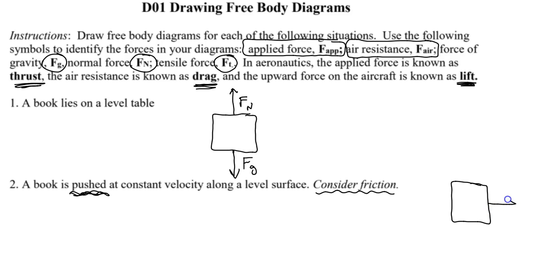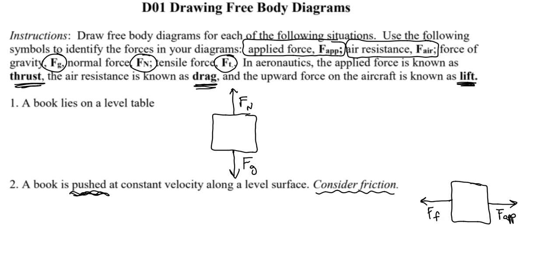So I'm pushing the object. So that's my applied force. Friction is acting in the opposite direction. So the force of friction is going to be acting in the opposite direction, and we'll just call that F sub F for F friction.